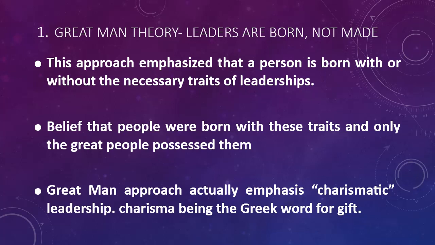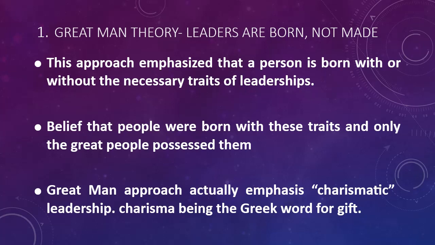They come with some special, charismatic characteristics by birth itself. So it is not necessary to teach them; they are born to lead. This type of approach is known as great man theory.